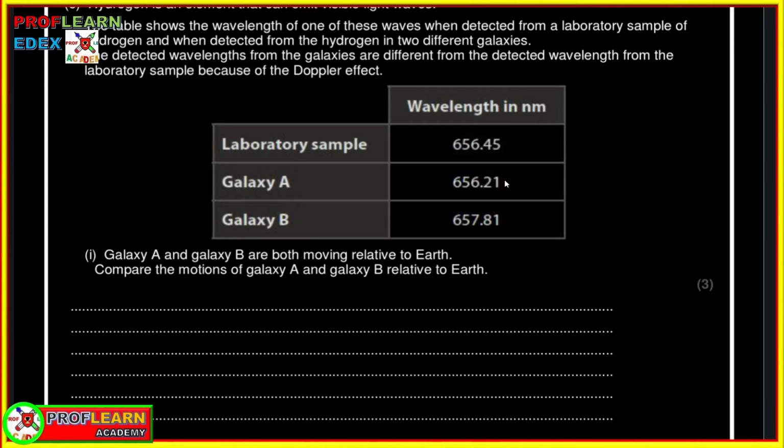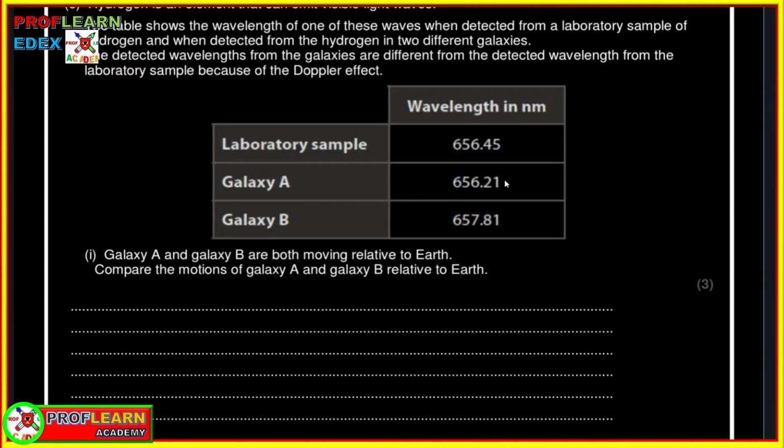But now if you are given different wavelengths like that, and you are told to compare and comment on the motion of the galaxies, those that display a wavelength which is more than the laboratory sample indicate a redshift, meaning the galaxy is moving away.